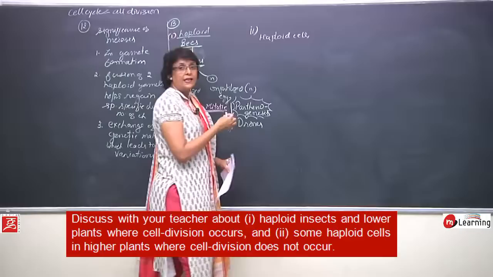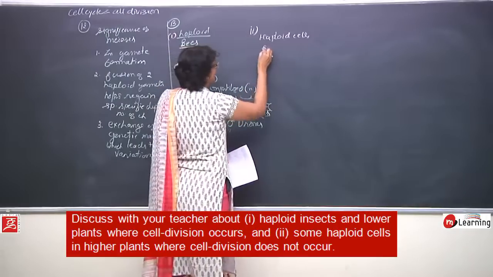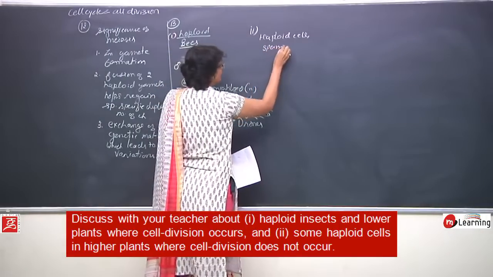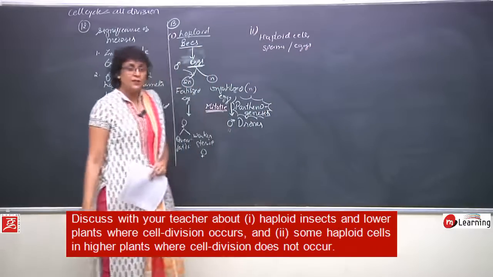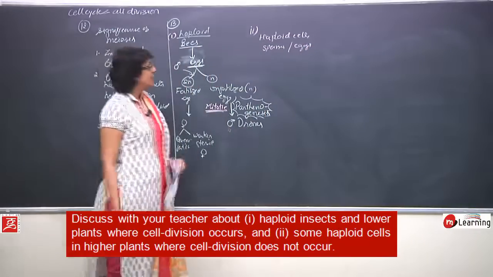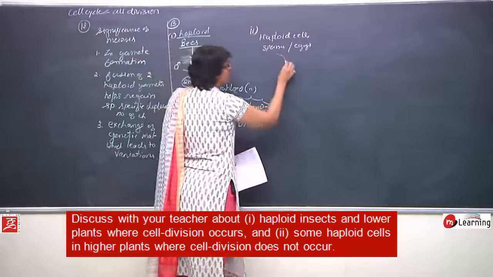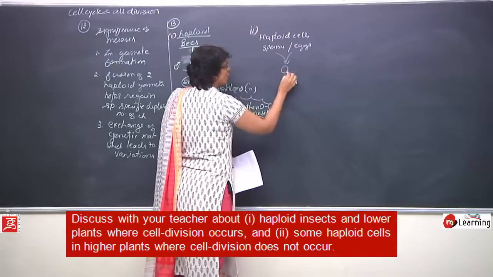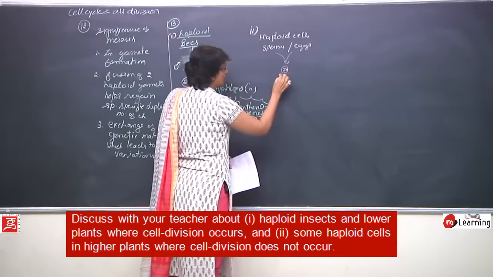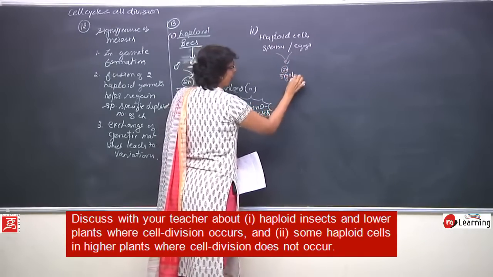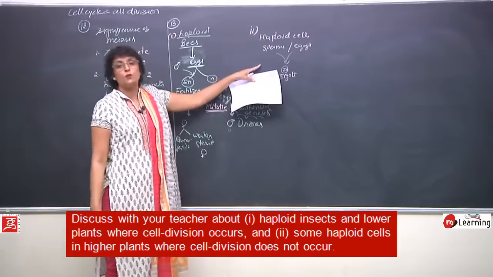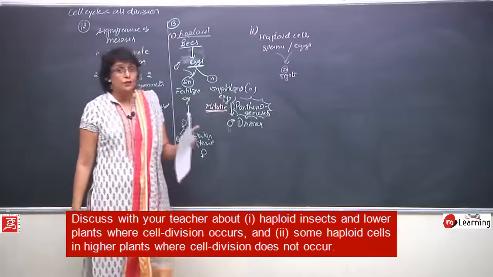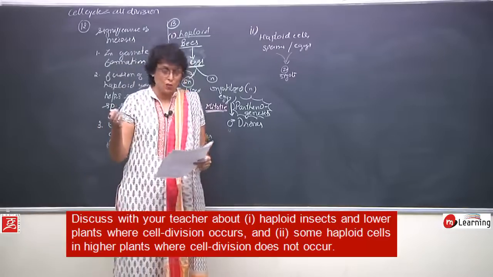In higher organisms, the haploid cells are sperms or eggs, that is male or female gametes, and these do not divide. On the contrary, they fuse to form a diploid structure which is called a zygote, and the zygote divides. So in case of haploid cells which we call gametes, there is no division in higher organisms.